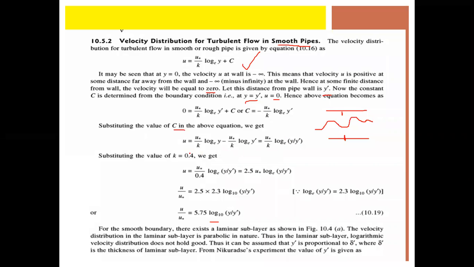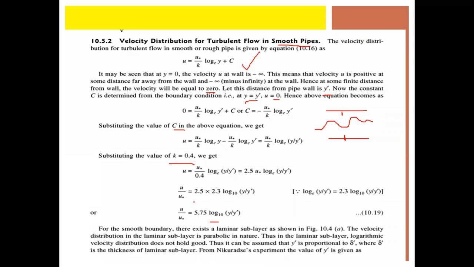Now substituting the value of k equal to 0.4, u is equal to u star by 0.4 into log e y by y dash, that is equal to 2.5 u star log e y by y dash.